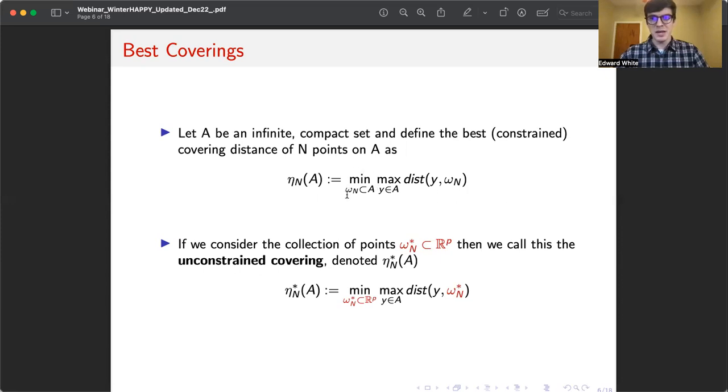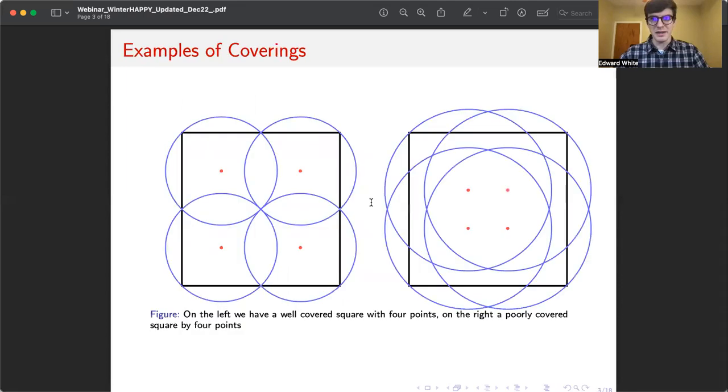And then we'll run a minimum argument where we want to move those points in the configuration around such that we are minimizing that distance. So we were trying to move our configuration points to be as close to all the distant points in A as much as possible. So we can look back at the first example. So here in the inefficient covering, I had the centers of the disks being my configuration points.